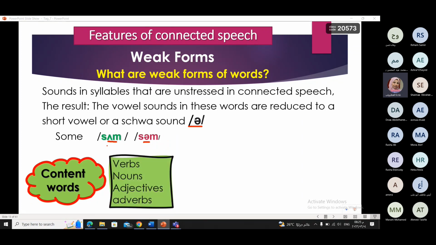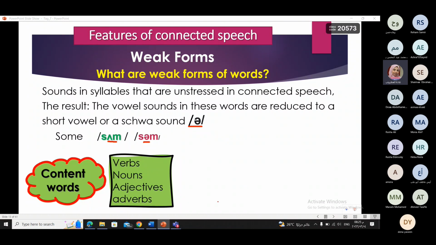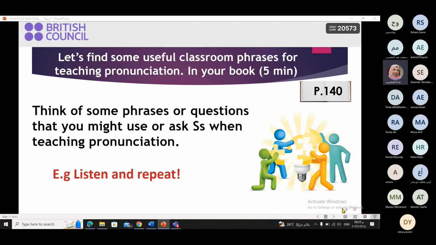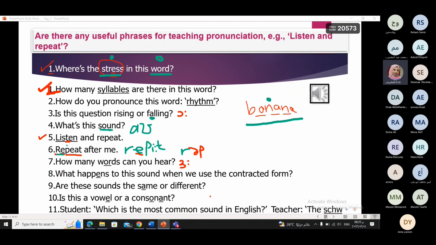As I asked you before in the previous slide, let me go back once again. When I asked Mr. Ahmed about this question, where is the stress in this word? Heba said that the words stress and word are stressed in this question, but the other words mentioned in the sentence are weakened.